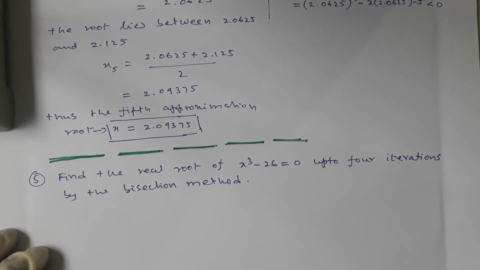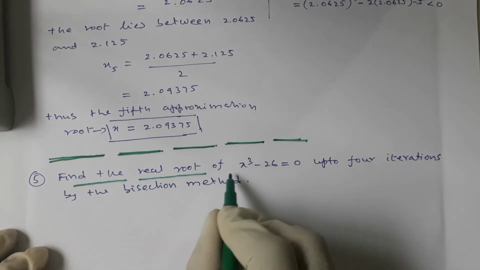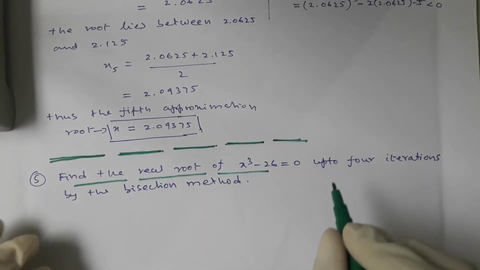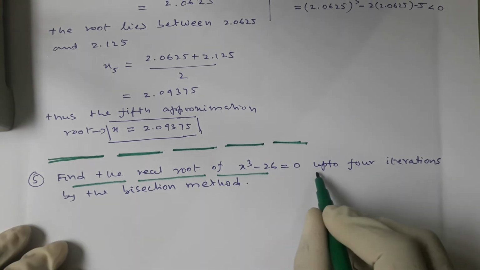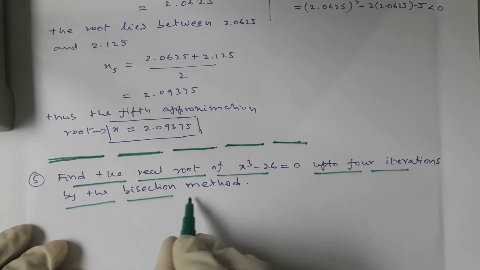See that previously 3 terms were there in the equation, now only 2 terms are there, x cube minus 26, up to 4 iterations by the bisection method.